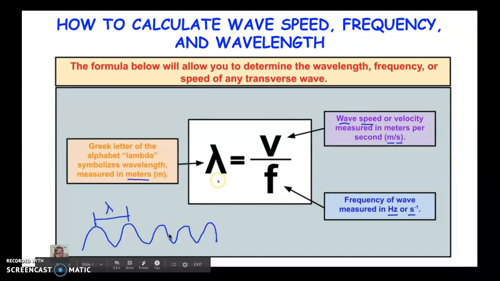That's a wavelength. It's measured in meters, shortened to m. Wave speed or velocity is measured in meters per second, or m divided by s. And the frequency is measured in hertz. Remember that frequency is how many waves pass by a certain point in a second.